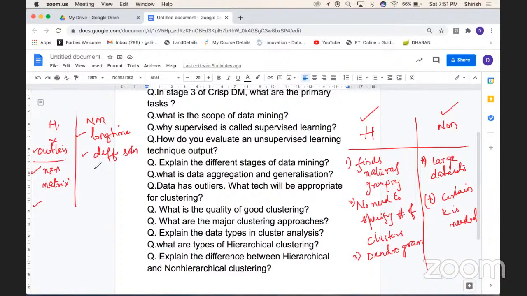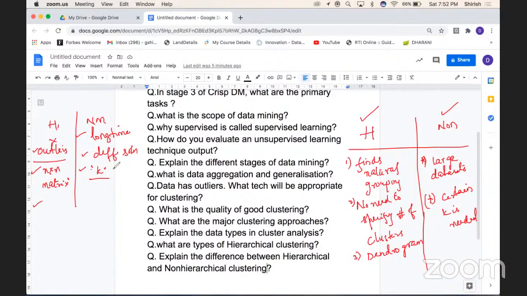That is not guaranteed, and we can't guarantee it will be globally optimal. You have to cross check by running with different values of K, running the algorithm again and again.